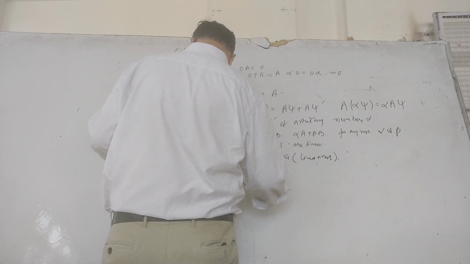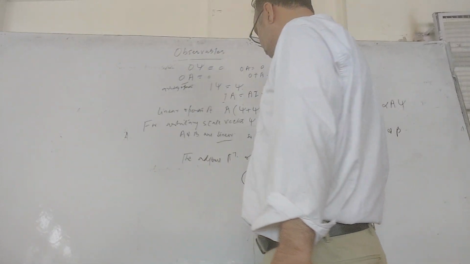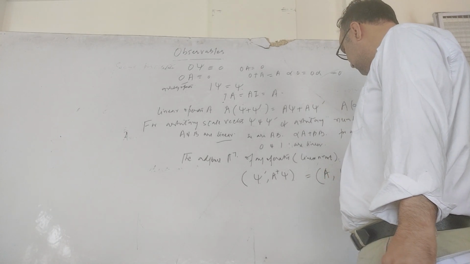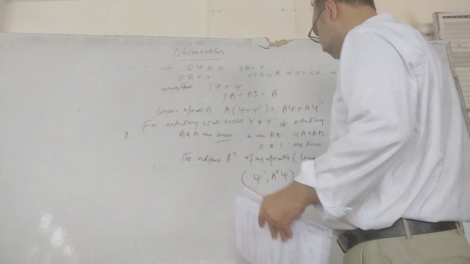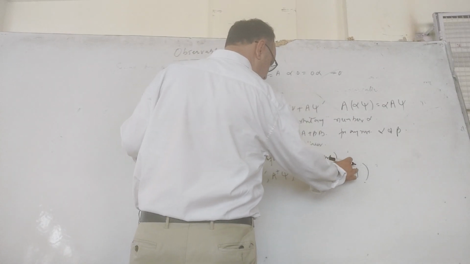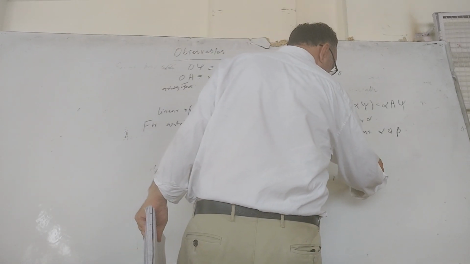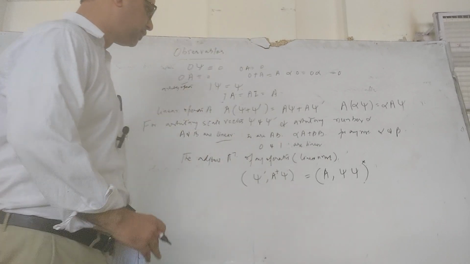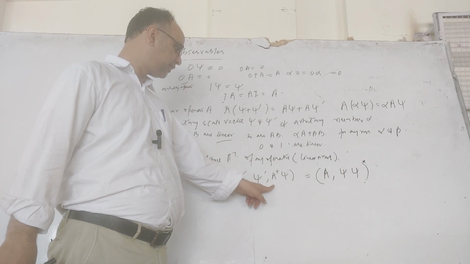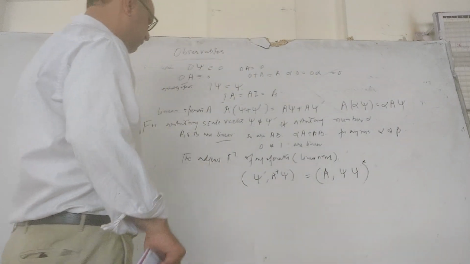The property is: psi, A dagger psi prime, if you just shift it here, it will be A psi, sorry, it is A dagger. If we put the connection here, it will give psi prime. If you change here, you can do it like this, psi dagger, psi star.